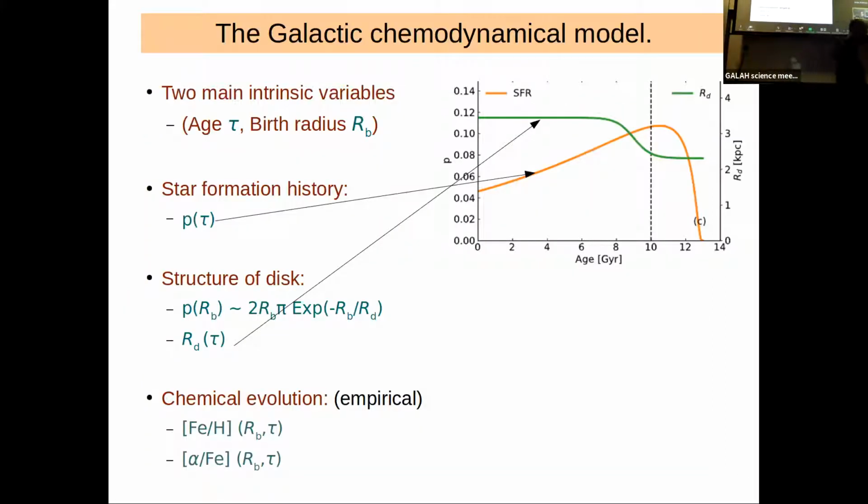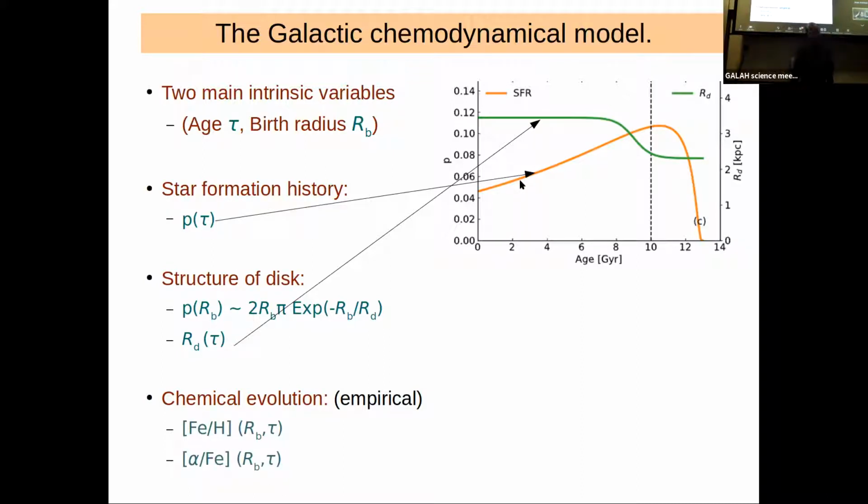So the model basically has two main parameters or variables. One is the age and the other is the birth radius. And we are assuming that the abundances are homogeneously mixed along the azimuth. Now, the probability distribution of age is the star formation history, which is shown here by the orange line. It rises and then falls off gently.